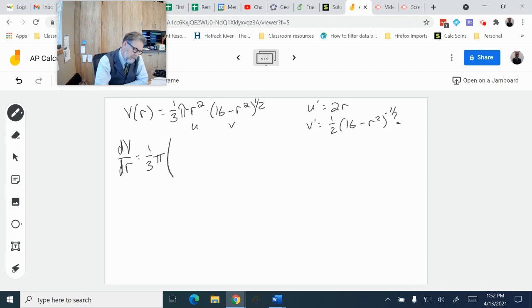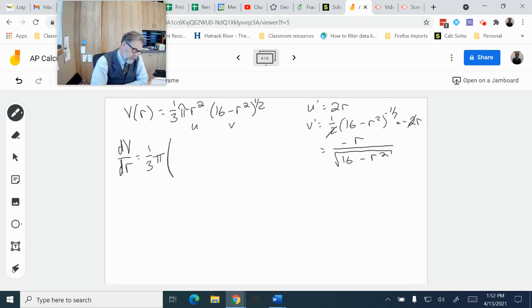So the -1/2 times -2r simplifies down to, let's see, the 2's will reduce, -r over the square root of 16 minus r squared.